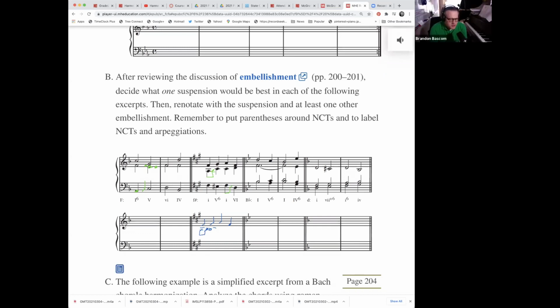Okay, this is what the book does. Are you ready? They put a suspension in there, on the one, in the bass part.